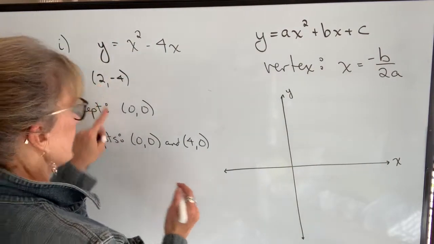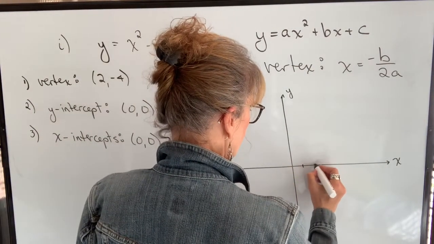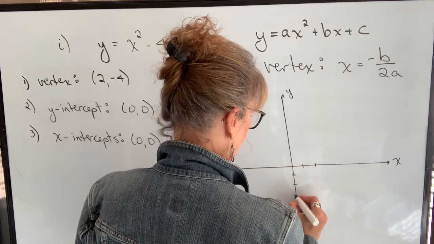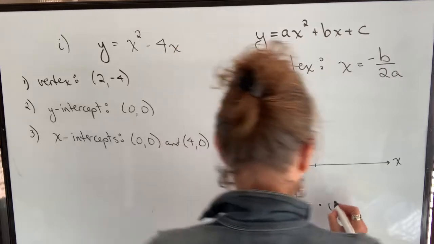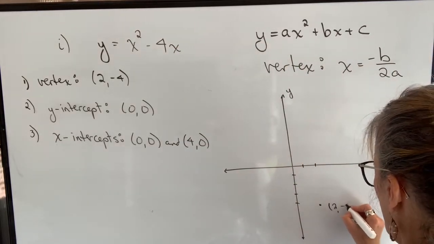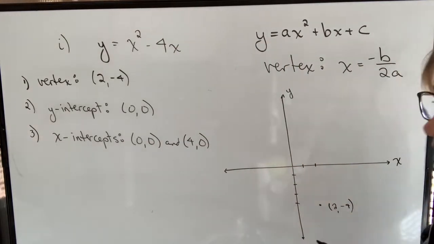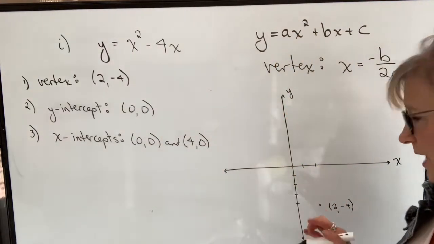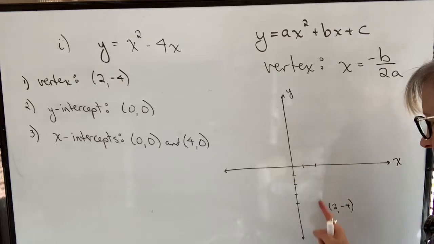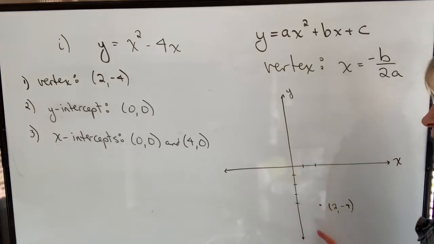I can get a fairly good idea of what this graph looks like. So the vertex is the point (2, -4). It's going to be my minimum point because I know, because this is positive, my parabola opens up. I also know that I have an axis of symmetry through the vertical line x equals 2.